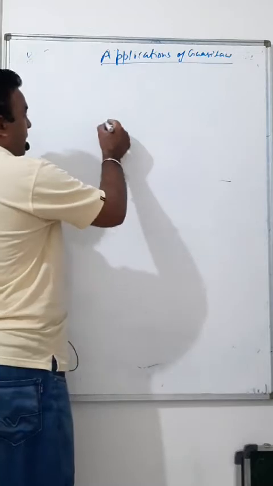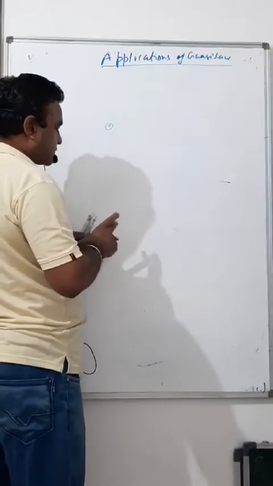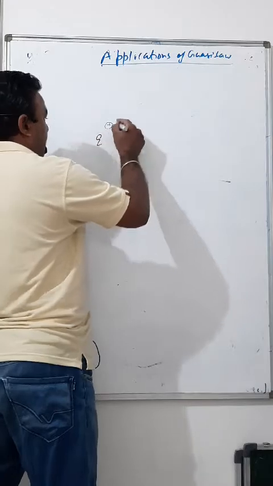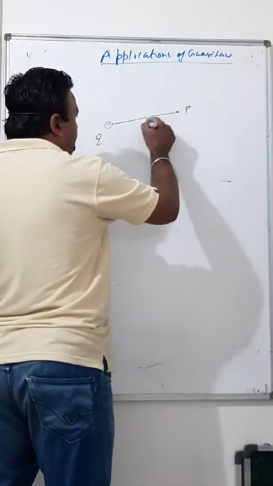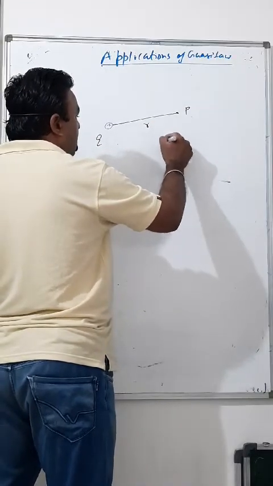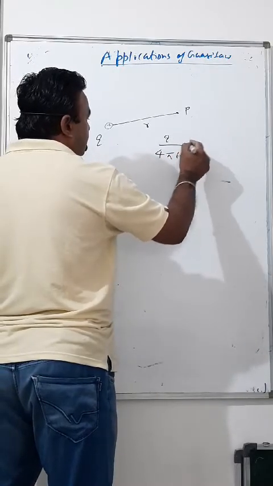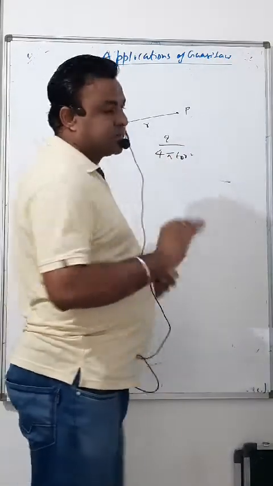We know very well that if we have a point charge, then due to this point charge, the electric field at any point P is given by Q by 4 pi epsilon R square. Right? This is for a point charge.